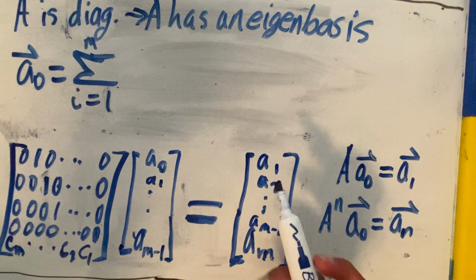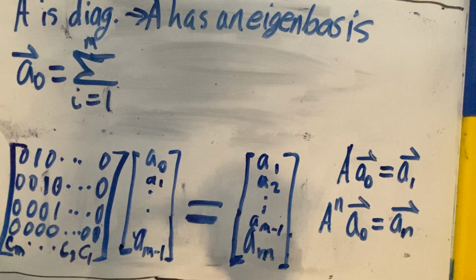There will be m eigenvectors, because it's an m by m matrix.